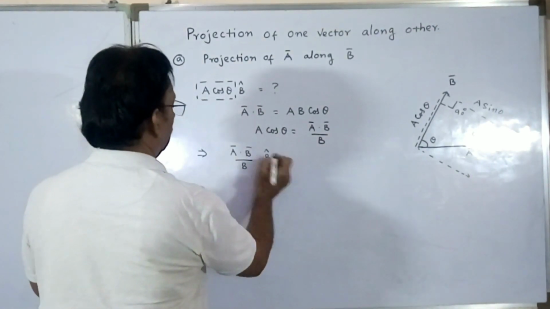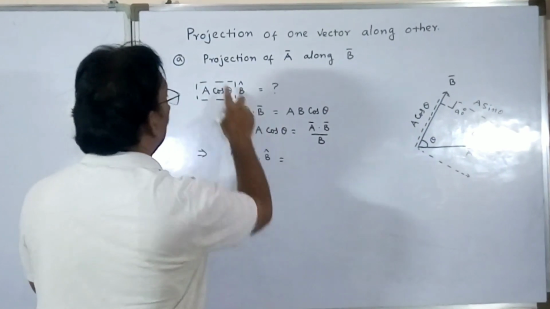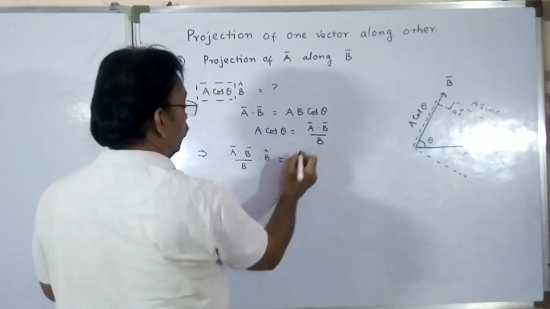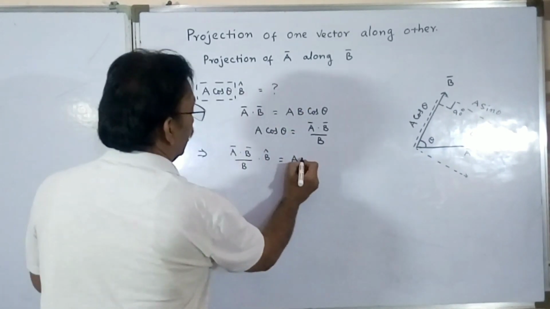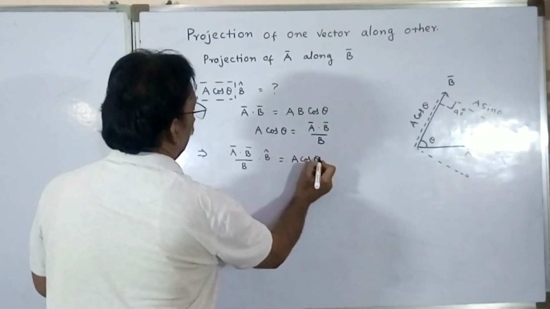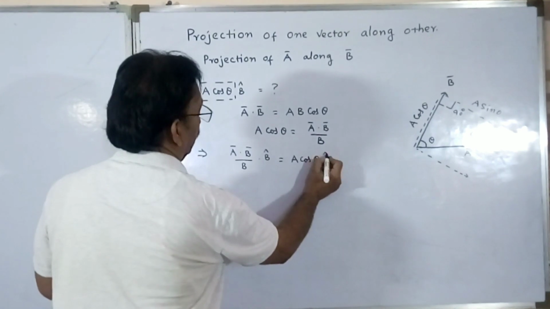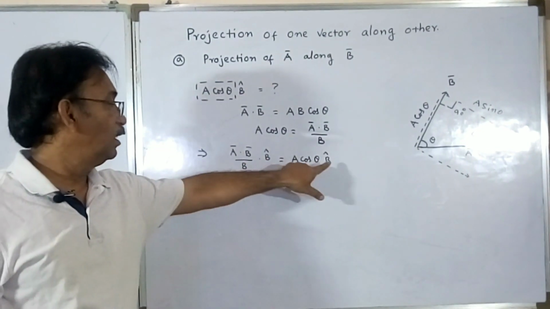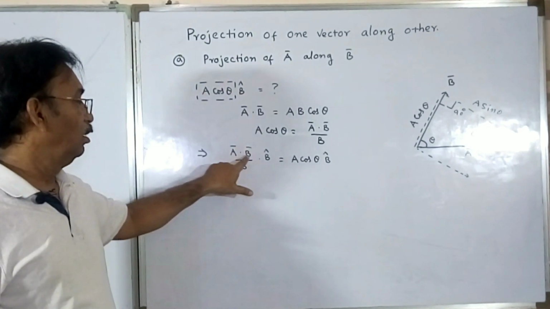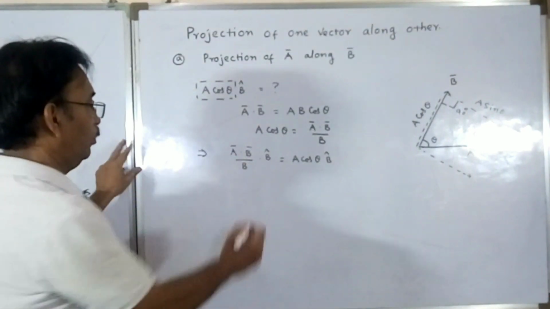It is the projection of vector A along B, A cos theta into b cap. It is the needed result.